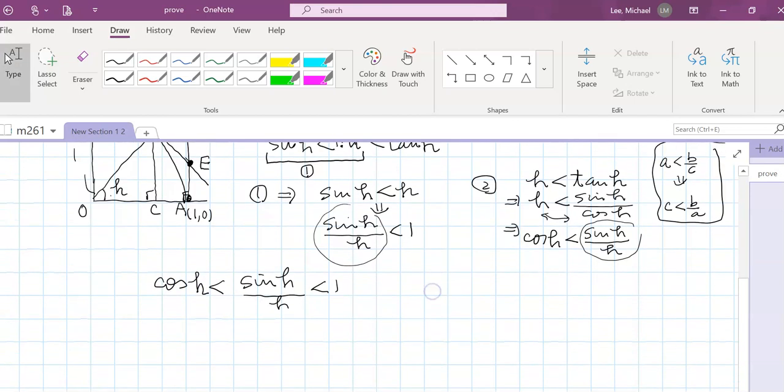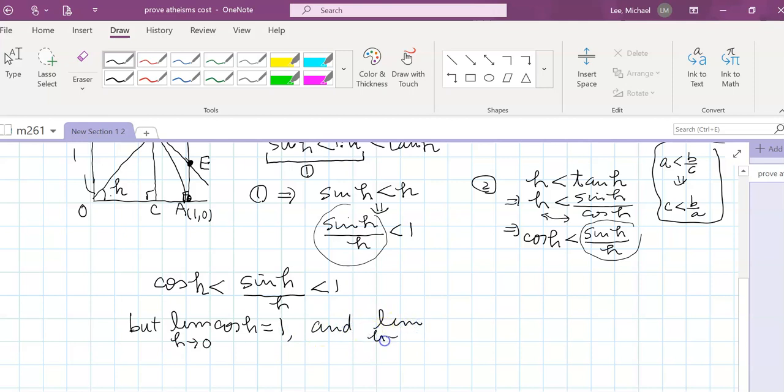This is always true. But what happens as h approaches 0? The limit of cosine h we know is equal to 1, and the limit of 1 is just 1.